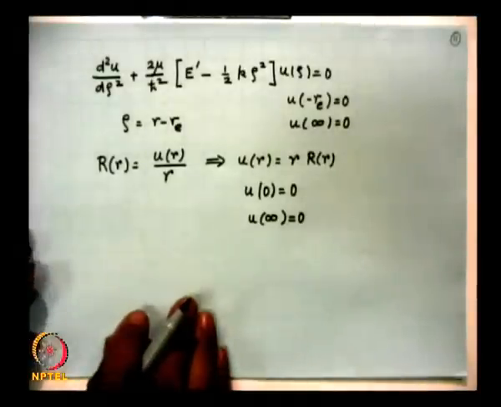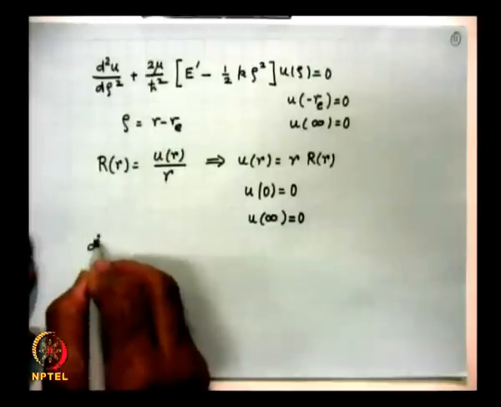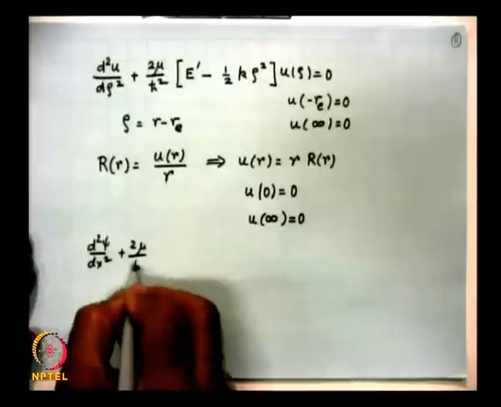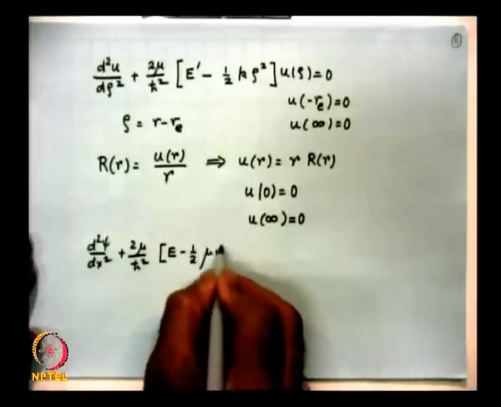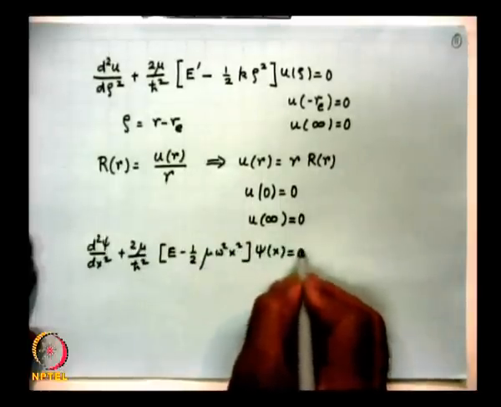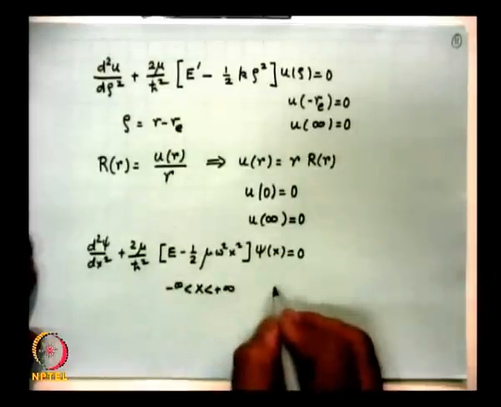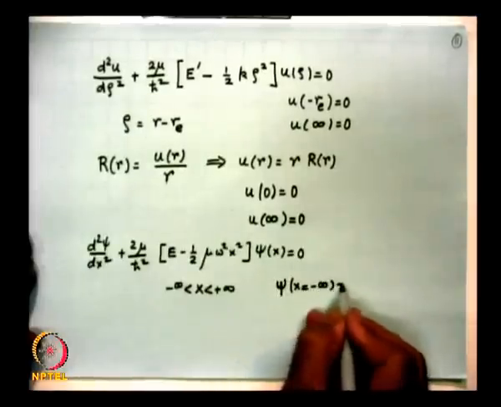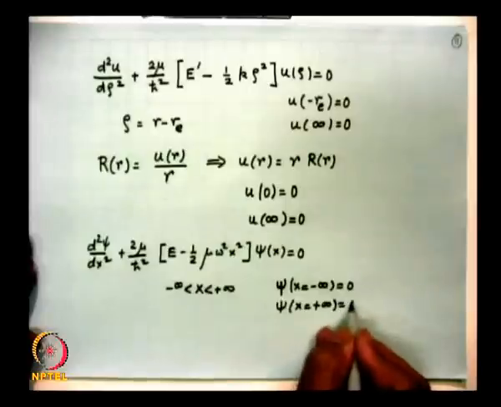Now, in the one dimensional harmonic oscillator case, as I mentioned, d2 psi by dx square plus E minus half mu omega square x square, psi of x is equal to 0. X goes from plus infinity to minus infinity. So, psi at x equal to minus infinity must be 0 and psi at x equal to plus infinity must be 0.